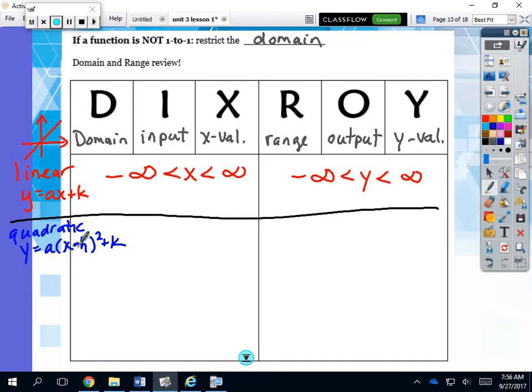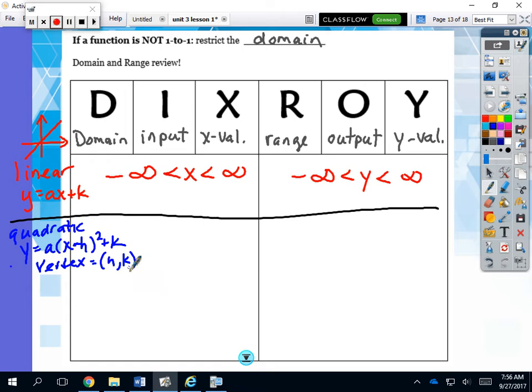So in a quadratic function, if we write it in vertex form, we can see that the x value at the vertex is h, and the y value at the vertex is k. So the vertex is going to be (h, k).